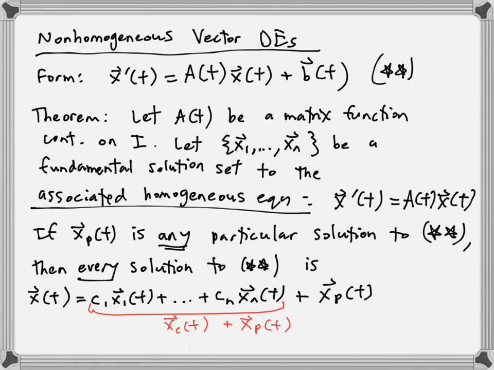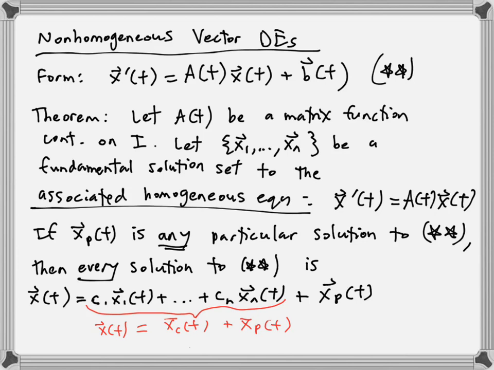What we're saying is that the solution x of t is equal to, let me make this more clear. All of this is just xc of t, okay? Remember we called that the complementary function.